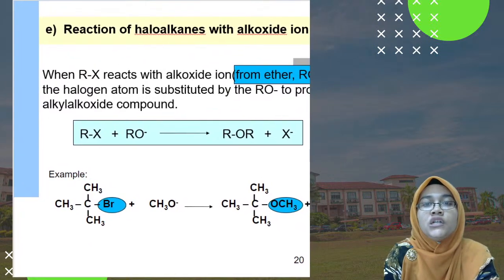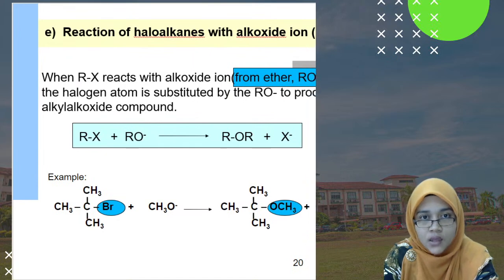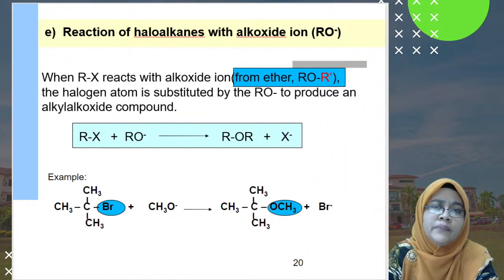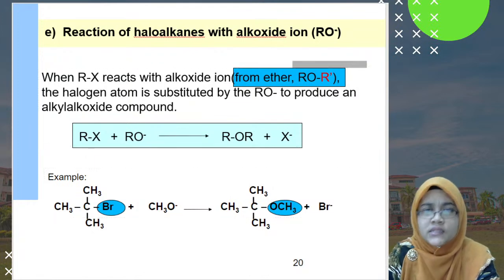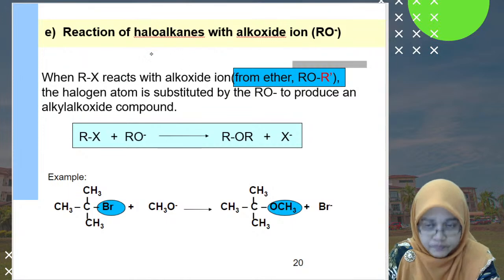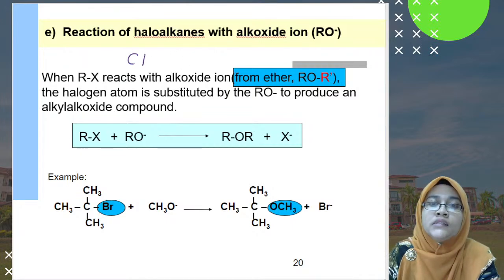So, reaction of haloalkane with alkoxide. When RX reacts with alkoxide, what is alkoxide actually? Alkoxide is RO minus. Alkoxide usually comes from ether. As you know, for example, in ether CH3O CH3, we have an alkoxy group.